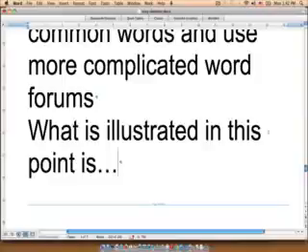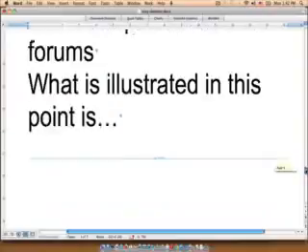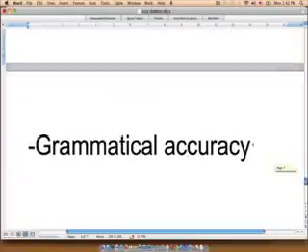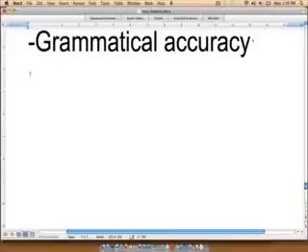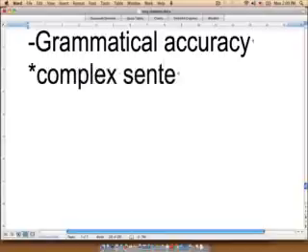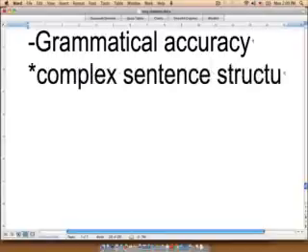Now let's go on to the final topic, which is grammatical accuracy. The first thing that probably pops out at you when you look at your IELTS band descriptors chart and the grammatical accuracy column is the phrase complex sentence structure.